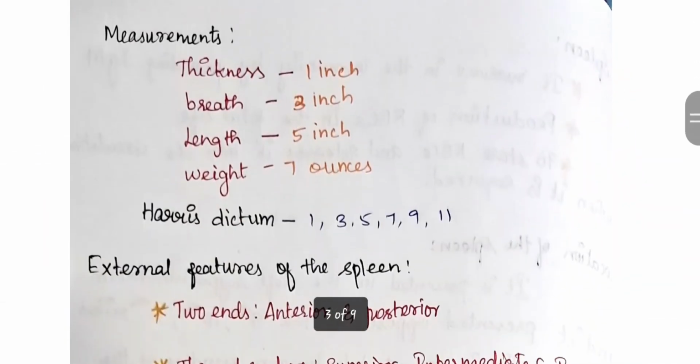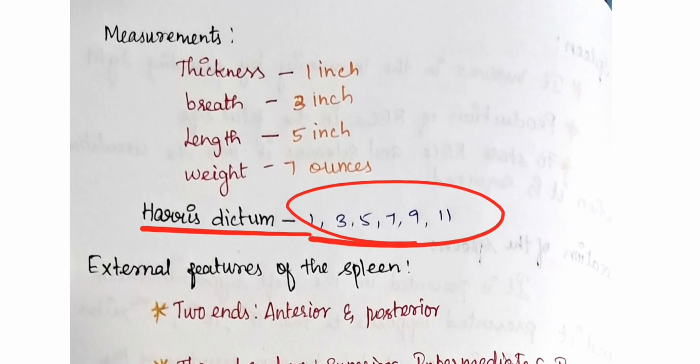Coming to the measurement, the measurement of the spleen is given by the Harris dictum of odd numbers. Odd numbers in the sense 1, 3, 5, 7, 9, 11. So 1 is the thickness, 3 is the breadth, 5 is the length and 7 is the weight. 9 to 11 are the ribs; it is associated with the 9th, 10th and 11th ribs.